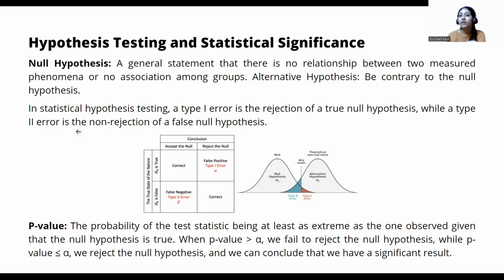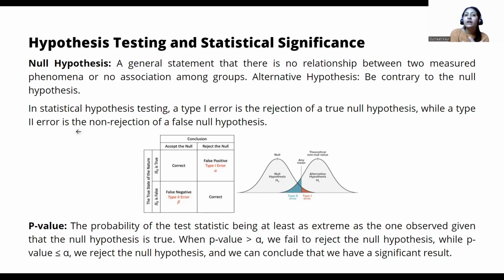That means that if the p-value is greater than the threshold, we just fail to reject. That means we could not prove that there is a relationship between the phenomena. But if the p-value is less than a certain number, then we reject the null hypothesis.